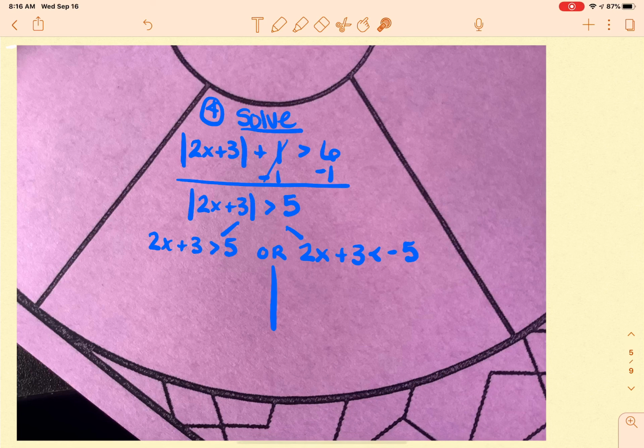So to get x alone, I got to get rid of this 3 first. So I'm going to subtract 3. So I have 2x is greater than 2. I'm going to divide by 2. X is greater than 1.